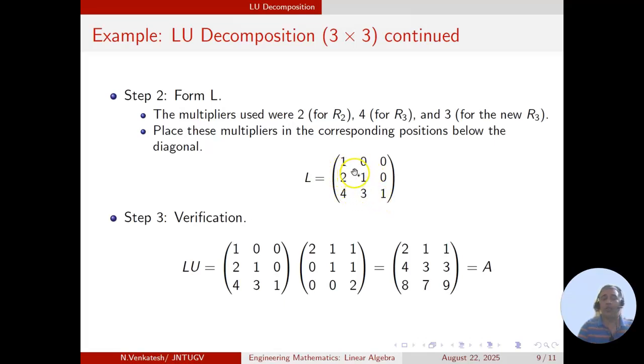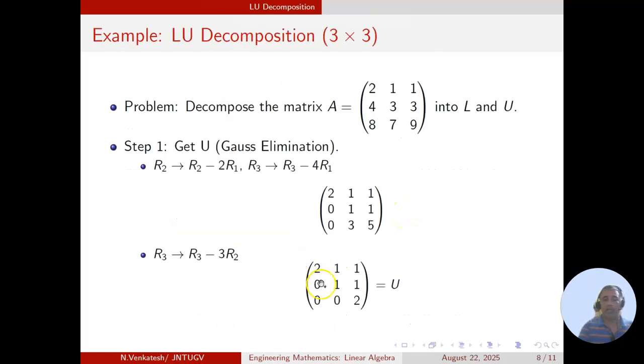All the elements above the main diagonal are 0. So this is the L that we got, and U is whatever upper triangular matrix we got after the transformation. This is how one can decompose matrix A into two components, L and U.